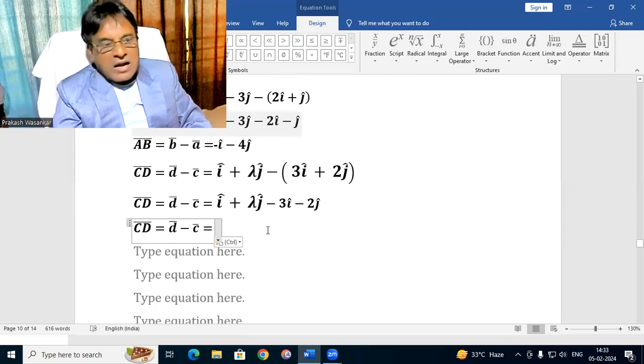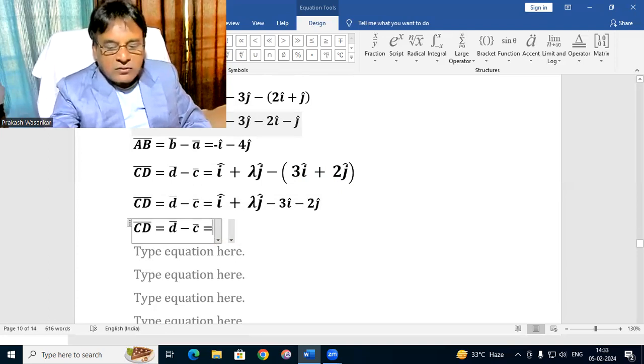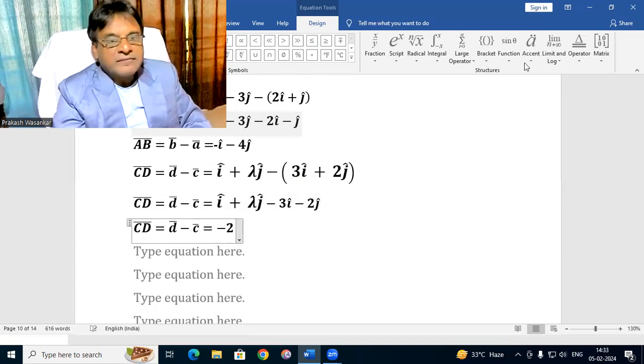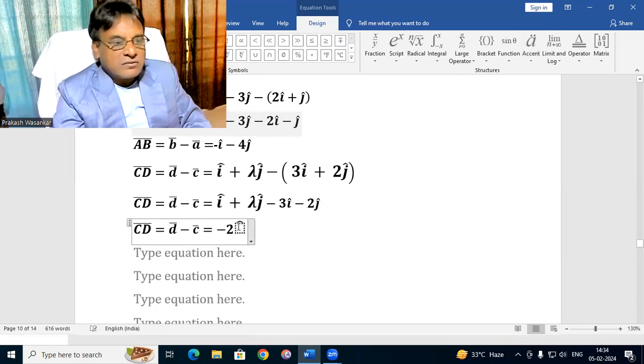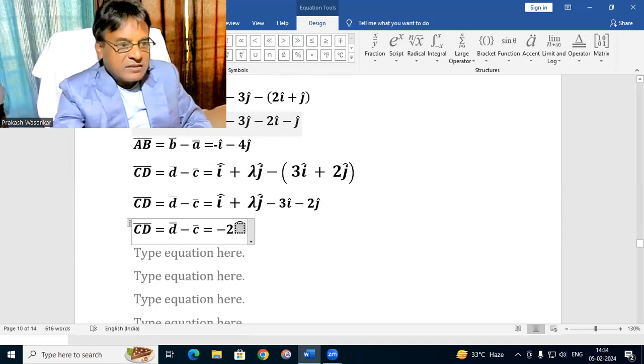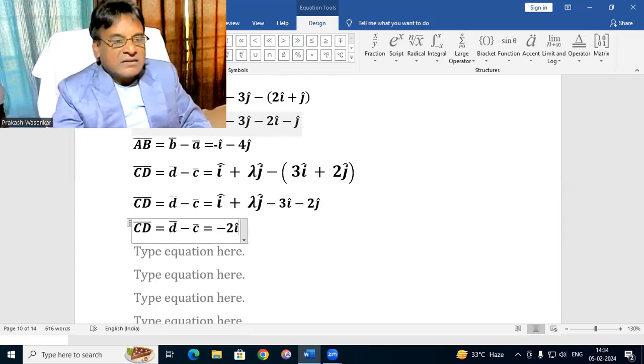This is i minus 3i, which is equal to minus 2i. We write here minus 2i. Lambda j minus 2j. So lambda minus 2j.